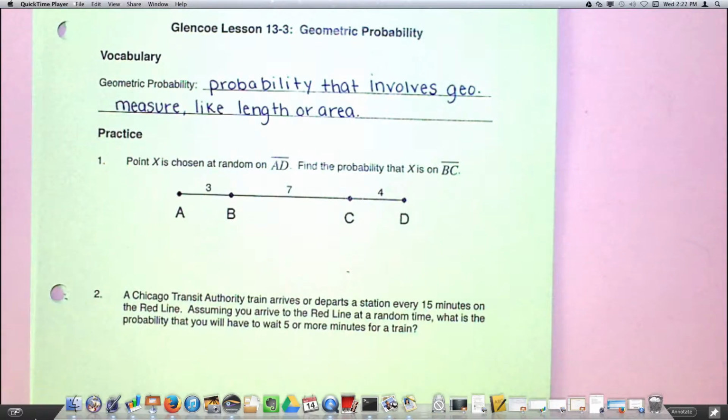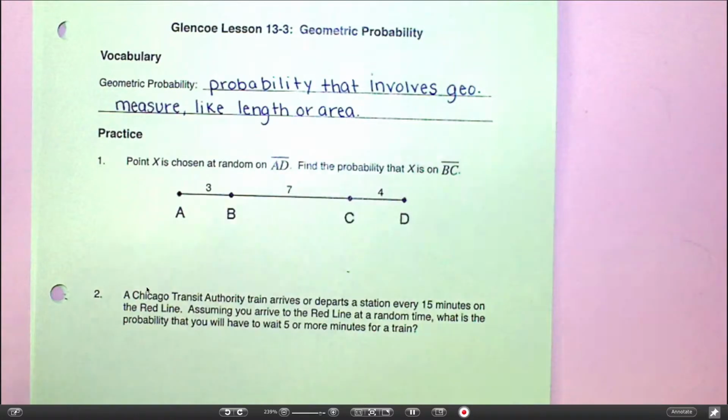Okay? Probability that involves some sort of geometric measure, like length and area are the big two that you're going to be using quite a bit.